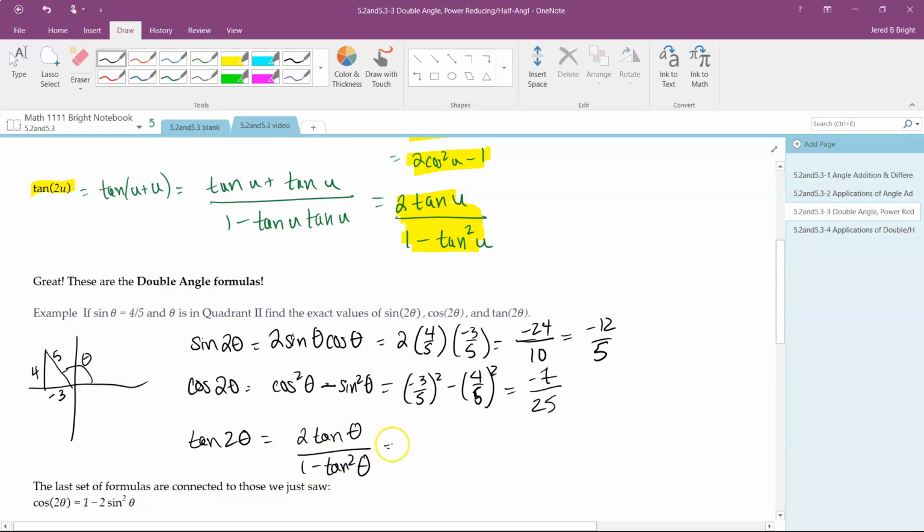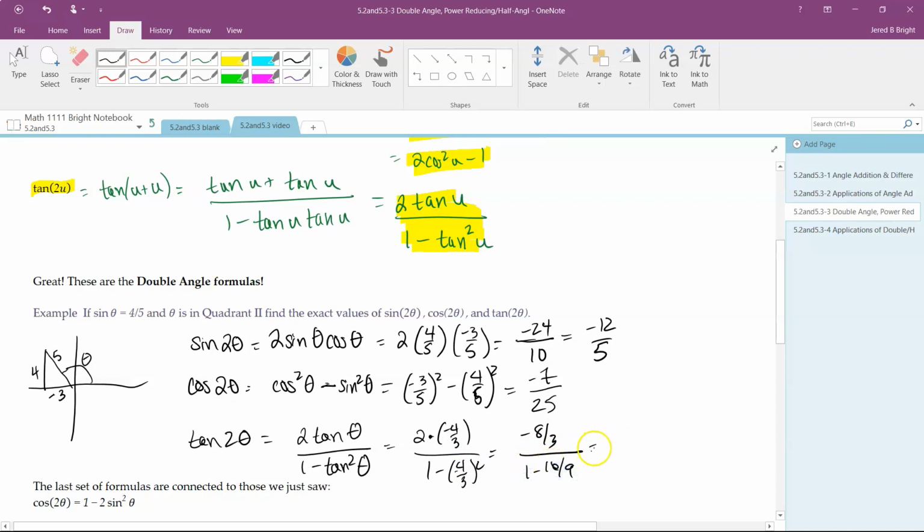And so tangent here is -4/3. And then 1 minus -4/3 squared. And so I get -8/3 all over 1 minus 16/9.